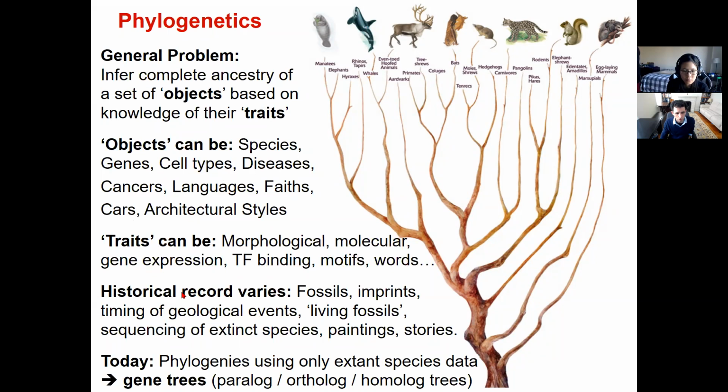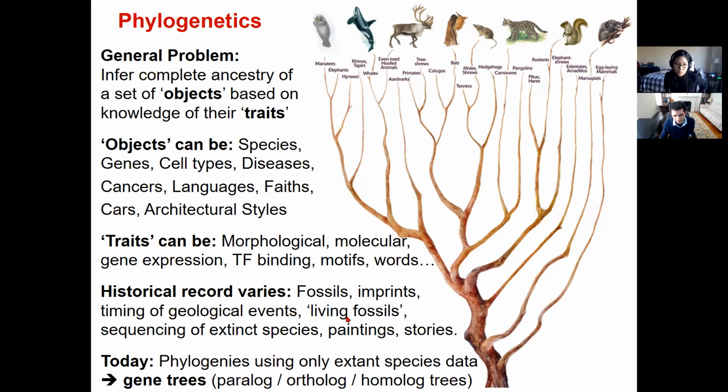And then the historical record varies dramatically between fossils for extinct species and then imprints for even further extinct species that didn't have hard bones. The timing of different geological events, they can basically tell us that this entire lineage was formed after the South American continent merged with the North American continent, for example.